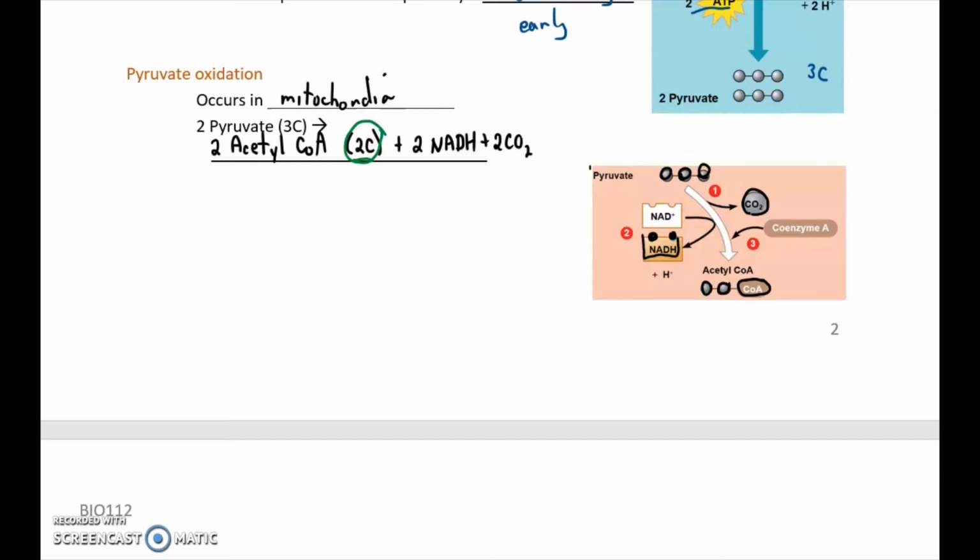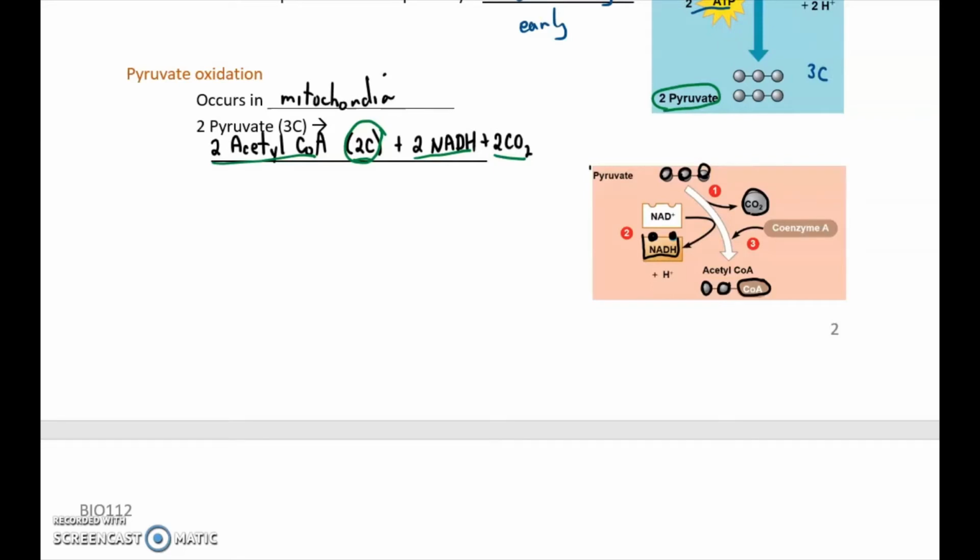Note that we made 2 of the pyruvates, and so now we're making 2 acetyl-CoAs and 2 NADHs and 2 carbon dioxides. That's just because we have 2 of these pyruvates to go through this cycle.